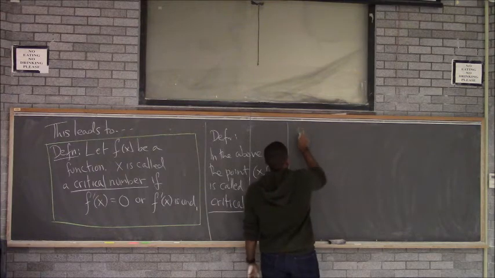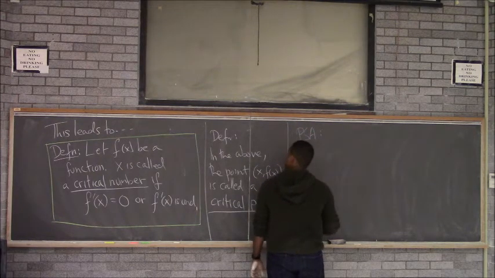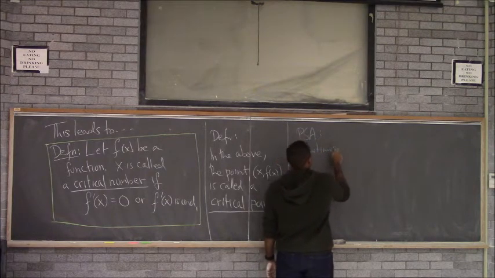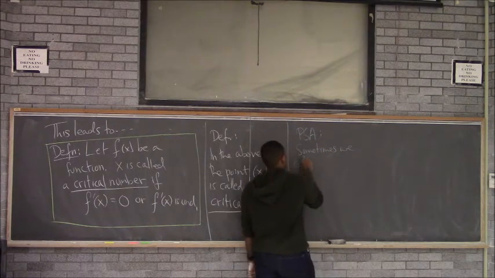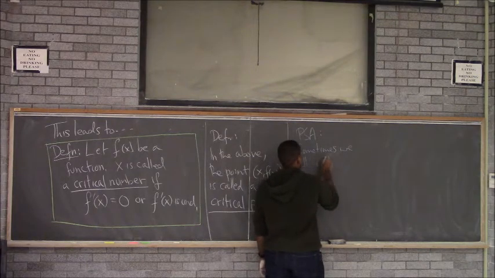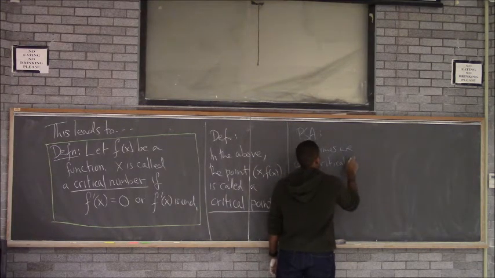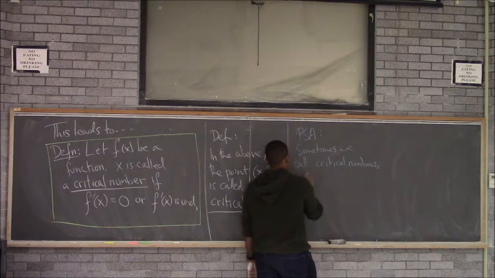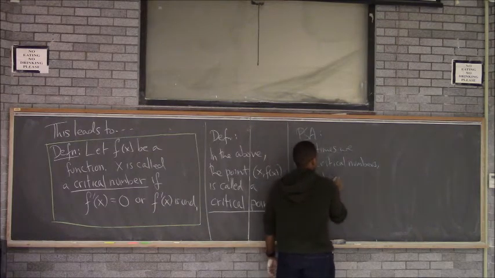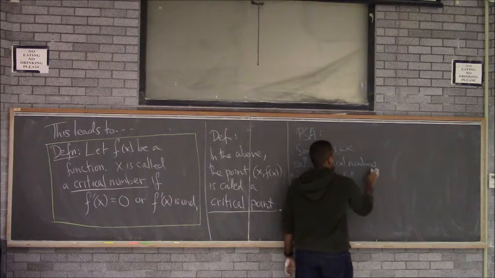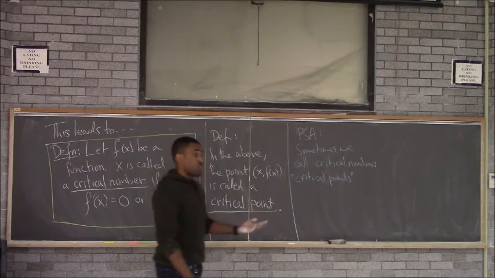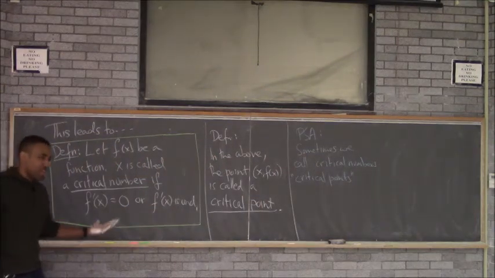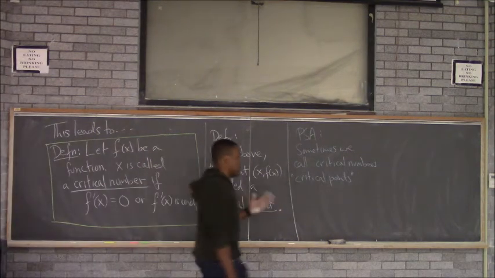Public service announcement. It's very common for someone to use the phrase critical point to refer to the x value. Technically it's not incorrect, but it's kind of okay. We kind of know what you mean when you say it.